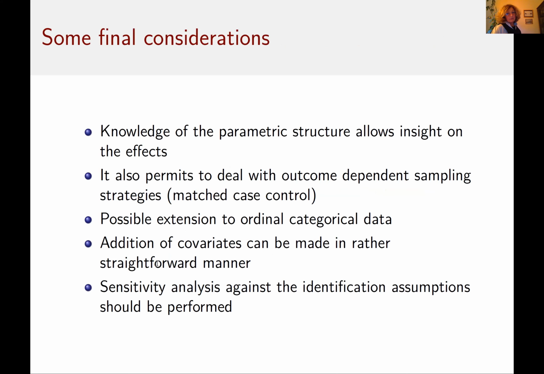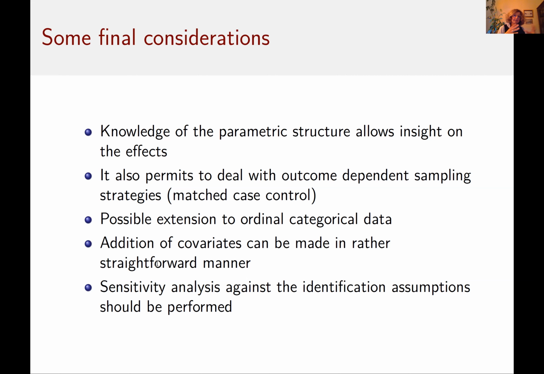Final conclusions: the knowledge of the parametric structure allows insight on the effects and permits dealing with outcome. Also, I haven't talked about this for lack of time, but I can show that when you have outcome-dependent sampling, you can handle your outcome-dependent sampling strategy.